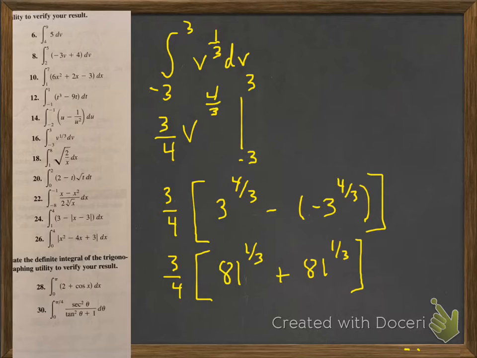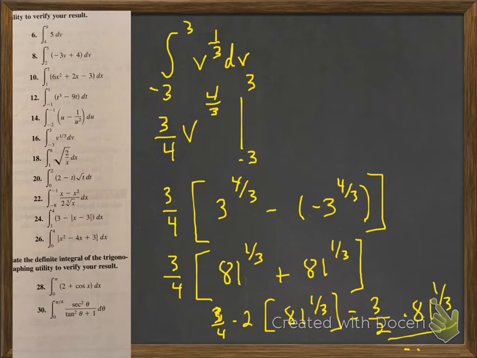If you had to get a decimal answer, it would be 4.326 something for the 81s. We're just going to leave it. There's 2 of them, so we can say we're multiplying 3/4 times 2 times 81 to the 1/3, which then becomes 3/2 times 81 to the 1/3, and that keeps it as exact as you can. You can't distribute any further.